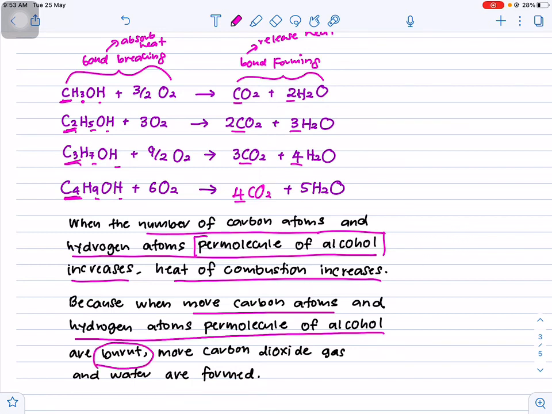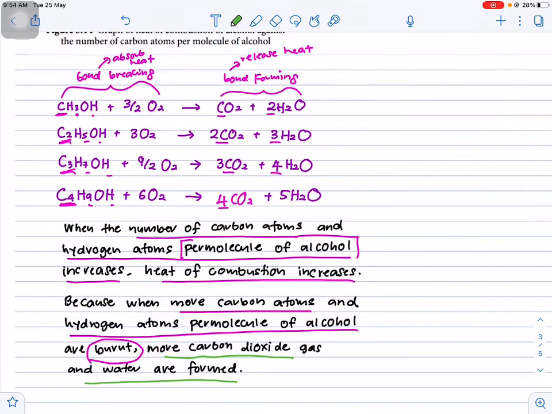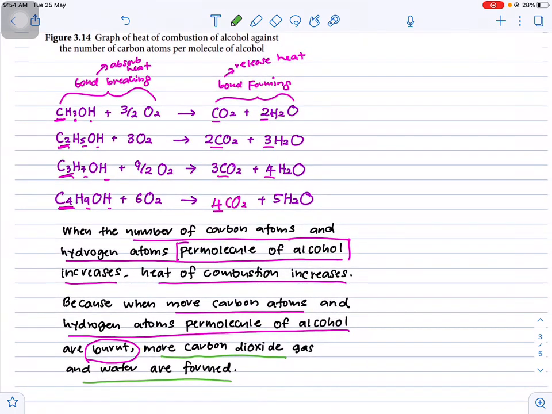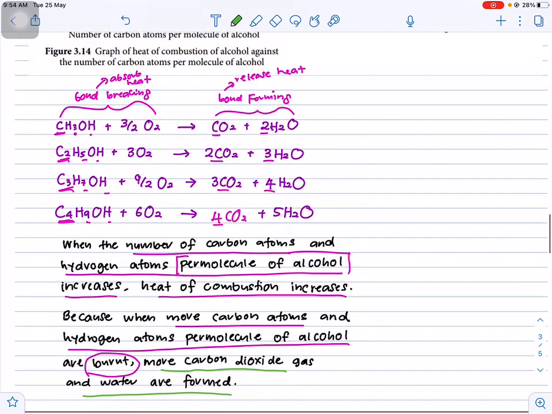When more carbon and hydrogen atoms per molecule alcohol burn, so what happened? We're going to produce, yes, more carbon dioxide and water. So more carbon dioxide and water produced, so more bond forming, so more heat release. That is the reason why the heat of combustion also increase. Dan increase dia ni sangat cantik, is increase directly proportional. Okay, so that's all for this subtopic.